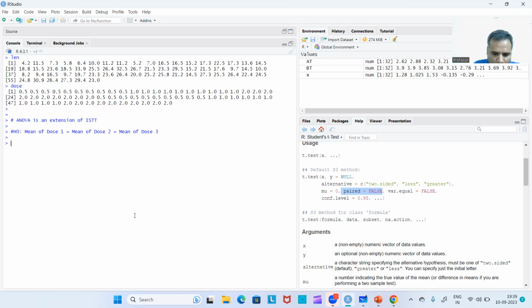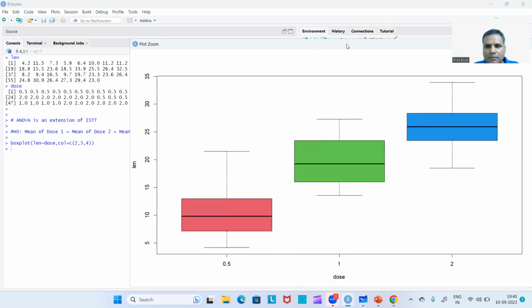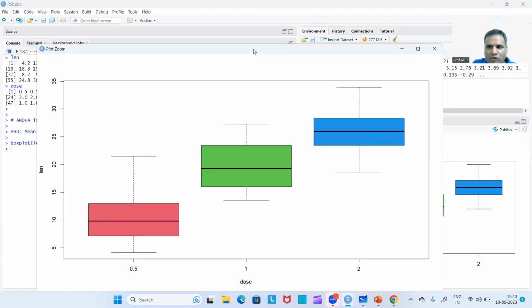So first I'll do a box plot, a visual representation. Length depends upon dose, and let's say color equal to c(2, 3, 4). Manoranjan ji, what does this diagram tell you about homogeneity of variance?